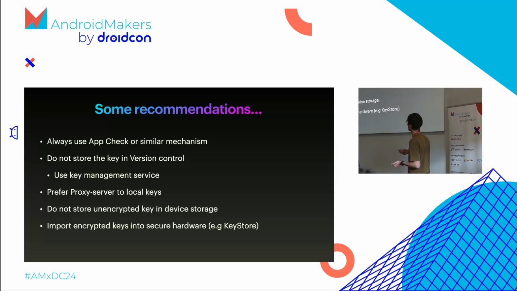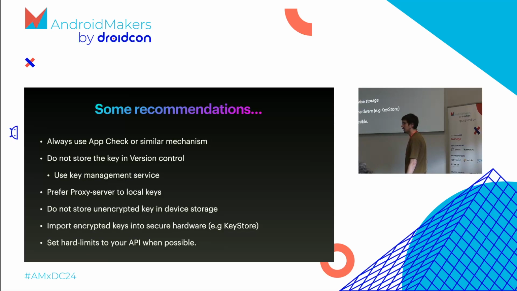On Android, there's something called Keystore that allows you to import encrypted keys from your server directly into secure hardware that is available on Android devices after API 26 or something like that. I don't remember, but the good thing here is that in this transmission between the server and the secure hardware, the key will not be in memory. So even if someone tries to use these programs, they will not find the key there. It's a bit complicated to implement, but you can use these things.